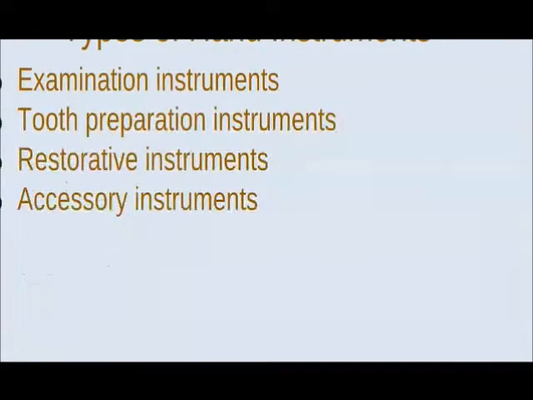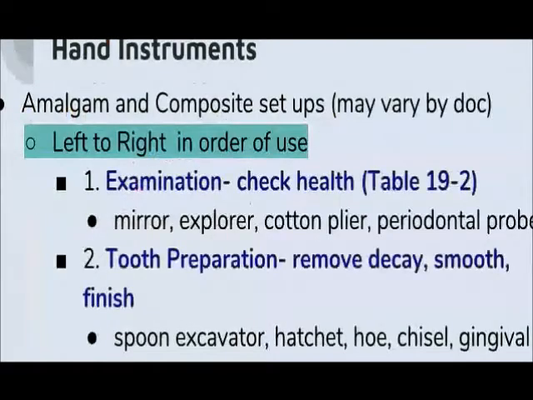And then the rest of the hand instruments are typically arranged from left to right in order of use by the things that they do. So the first instruments on the tray should be the Mirror Explorer cotton plier, the instruments that are used to check the health.